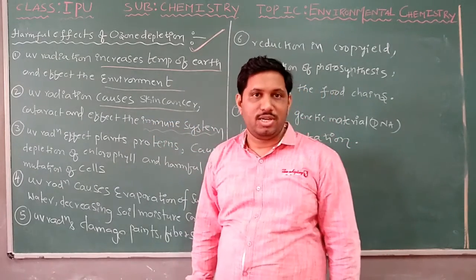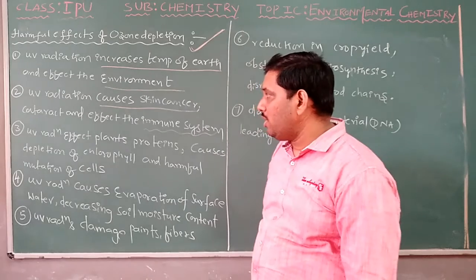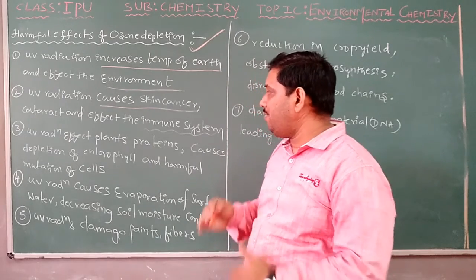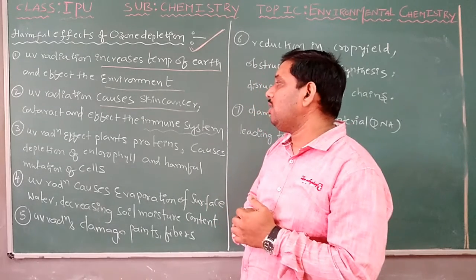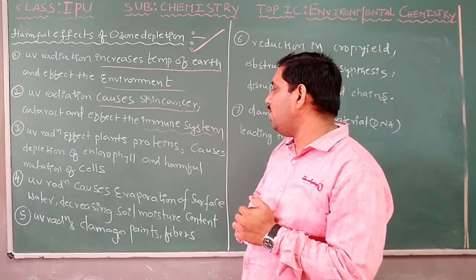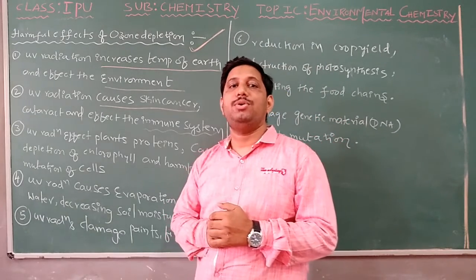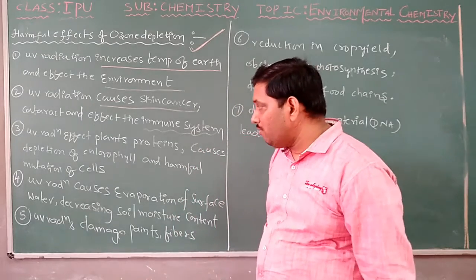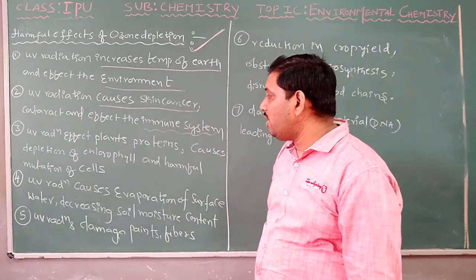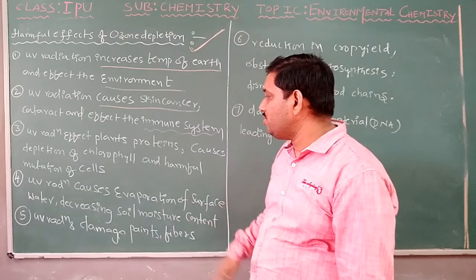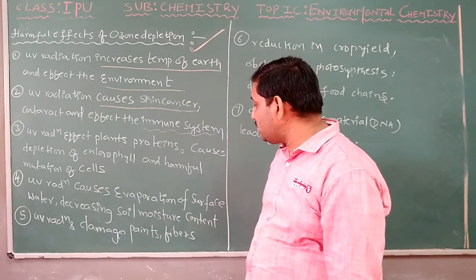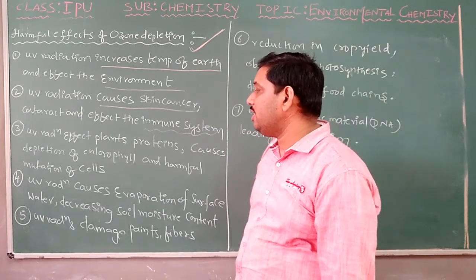Already we have discussed these three points, student. Next one, the ultraviolet radiation affects the plant proteins, causes depletion of chlorophyll and harmful mutation of cells. Fourth one, student, the ultraviolet radiation causes evaporation of surface water, decreasing soil moisture content.